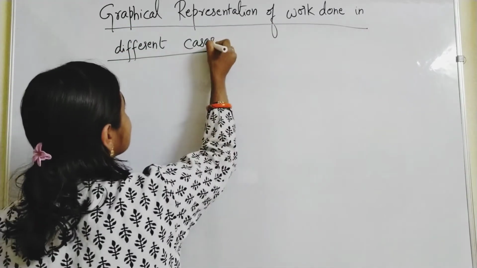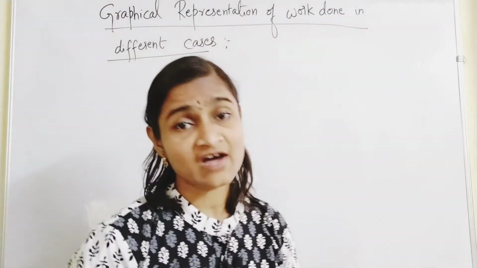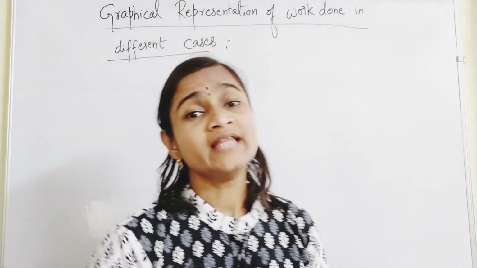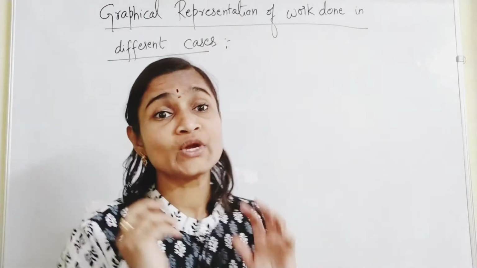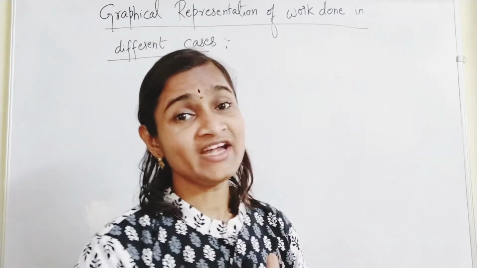So this is our topic for today. With the help of graphs we can identify the amount of work done in so and so process. So let us start with the different cases.